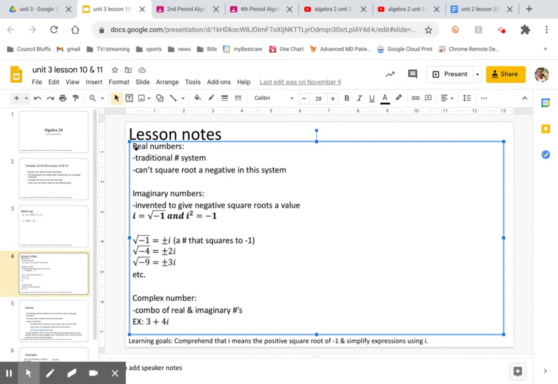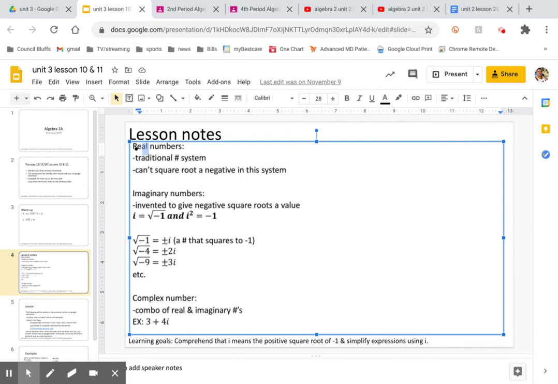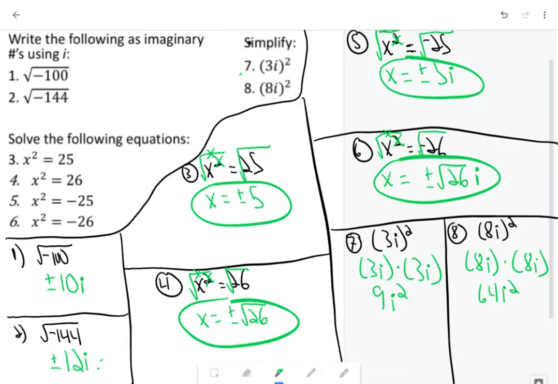Okay, the entire imaginary number system is based off of these two facts here. That i is equal to the square root of -1, and the more important one is that i squared is equal to -1. So when we simplify, we have to use the fact that i squared equals -1.